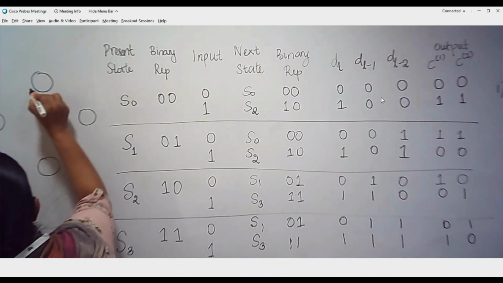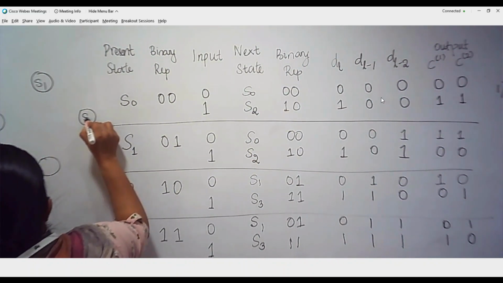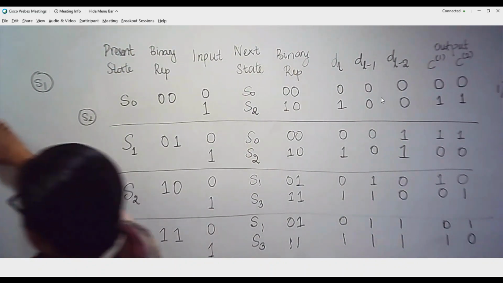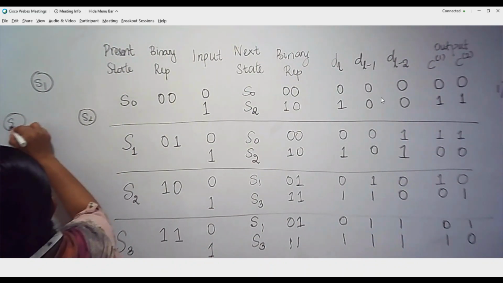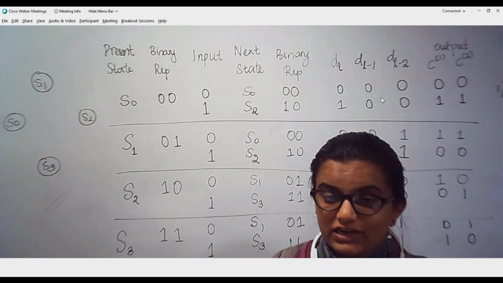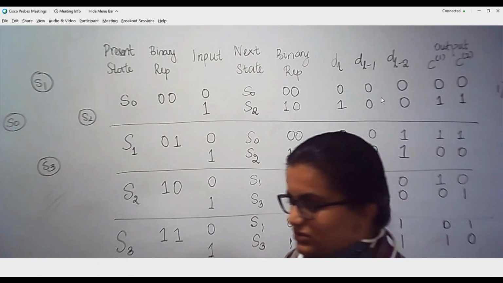Assume that this is S0, S1, S2, S3. So how to write the state diagram over here? We have to take into consideration the transitions that can happen.